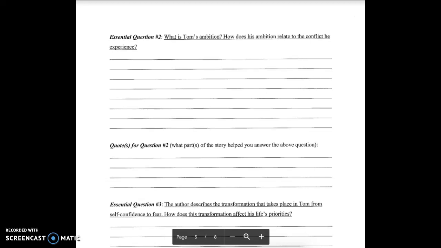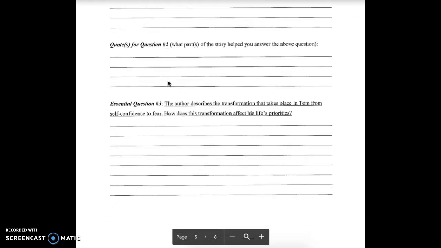But he says something to the effect of, and you can find the direct quote in the story, which you'll put here at quote for number 2, which part of the story helped you answer the question above, when he says something to the effect of, but how will you feel when the money comes rolling in and I am the best wholesale grocer in the land. I don't remember exactly how he phrases it, but you'd find that quote and put that in the second half of question number 2. But we know what Tom's ambition is. He wants to be a successful businessman.